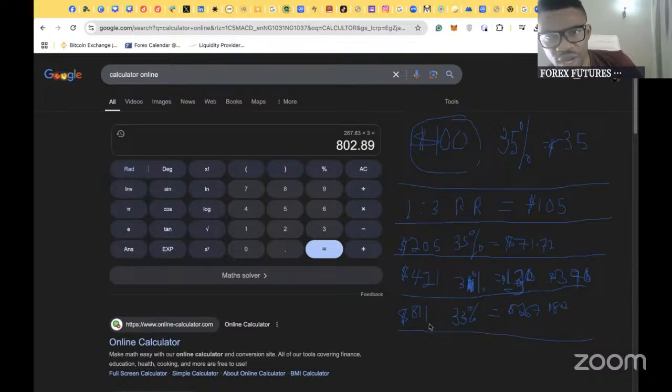If we add this together, 802 plus 811, that will give us 1,613 dollars. We're risking 33% again.